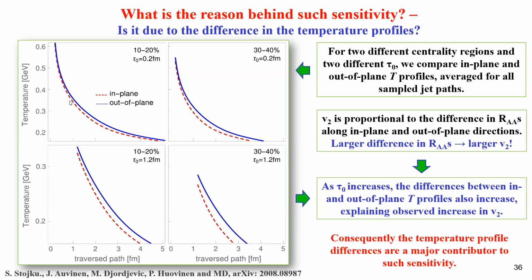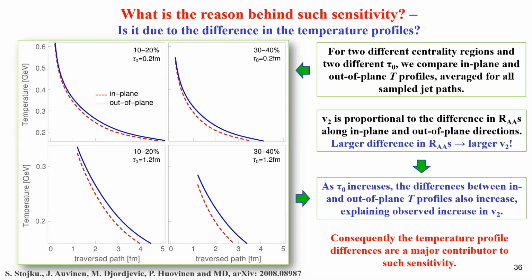In-plane is shown with dashed curves, and out-of-plane with full blue curves. So v2 is proportional to the difference between in-plane and out-of-plane RAA, and the larger difference in in-plane and out-of-plane RAA is related to the temperature.